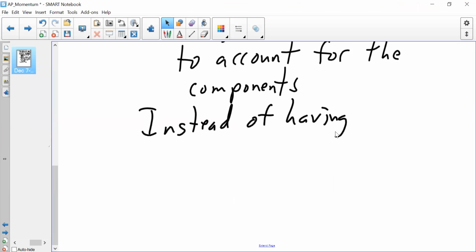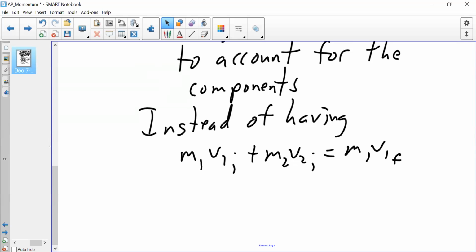So instead of having our typical M1 V1 initial, we now separate them into components X and Y. Keep things simple. We can do Z when necessary.